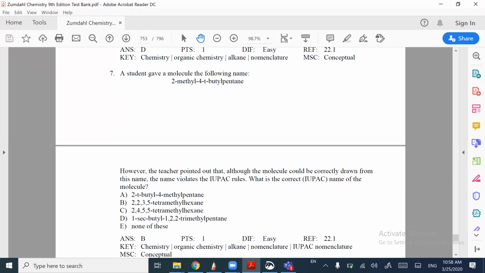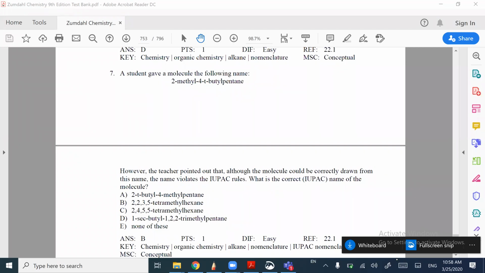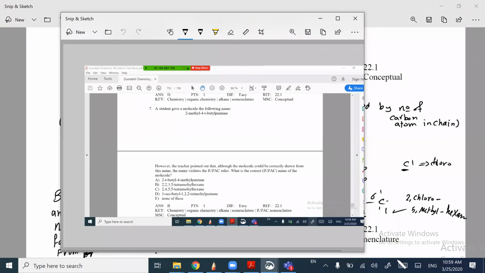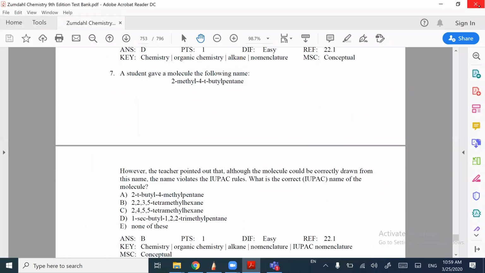Firstly, we must draw it according to the name that we are given, the wrong one. Name again: 2-methyl.